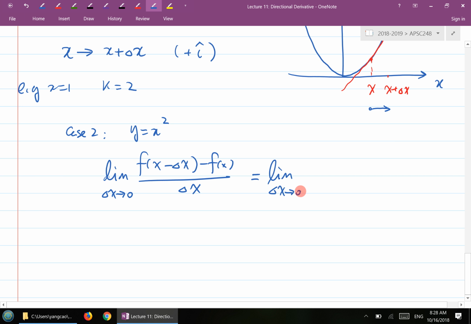If this is a function y equal to x squared, you can apply the limit concept here, and also apply the Taylor series, and then you'll get the result for this limit to be negative 2x.